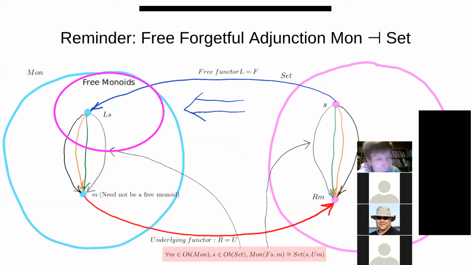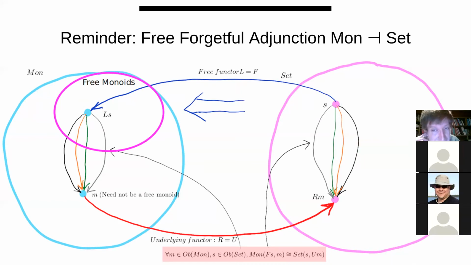What are the elements associated with the free monoid that's created when we map S over into LS? What is LS? The elements of it are what? Is it S? The elements in S.